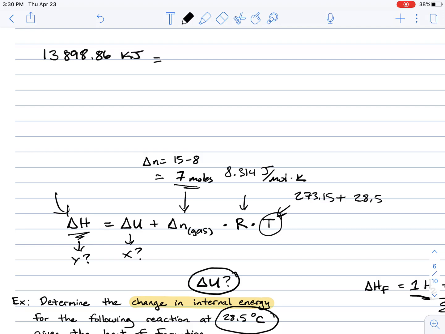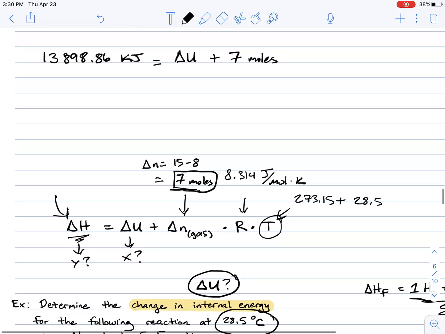And so here in this case I have delta U, which is what I'm trying to solve for, plus, here I've already mentioned that my change in moles of gas is going to be 7. Then I'll have 8.314 joules per mole Kelvin.